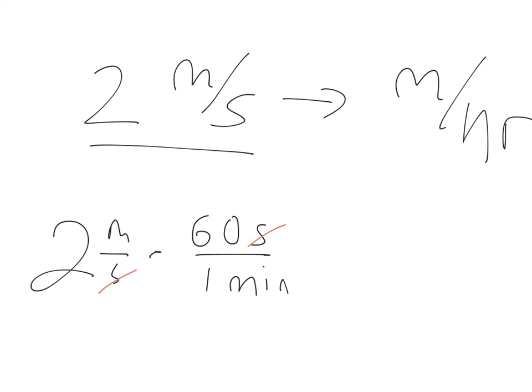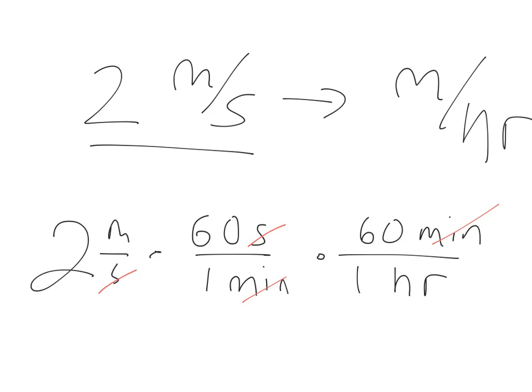Now, I'm not looking for minutes, I'm looking for hours. So of course I need to say the same thing. 60 minutes per hour. And of course I can come through and say, well, minutes cancel. Then I get my 2 times my 60 times my 60.